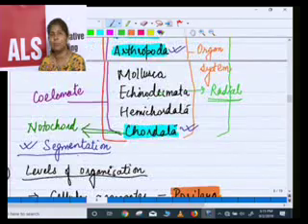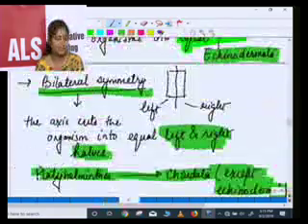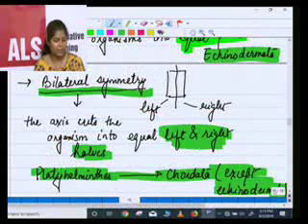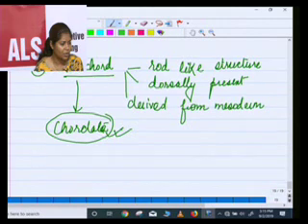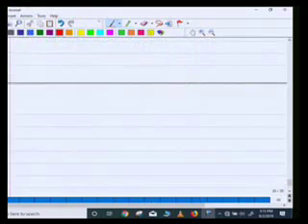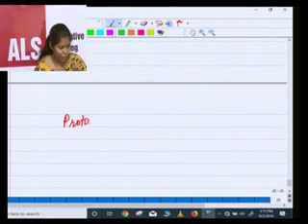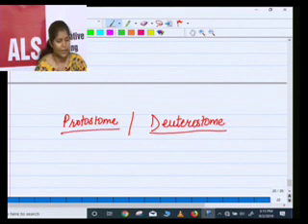I will be adding one more thing on the division level, that is the appearance of a particular structure. On that basis, we have two kinds of organisms. One is said to be protostome and one is said to be deuterostome.